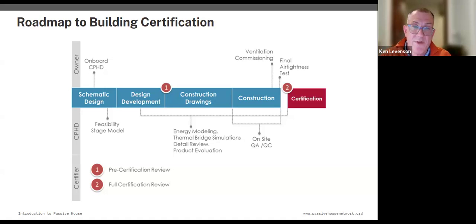A certifier may review them to see how it's working out. Because when you come into construction documents, you don't want to be having to undo things and redo them just based on the energy performance.